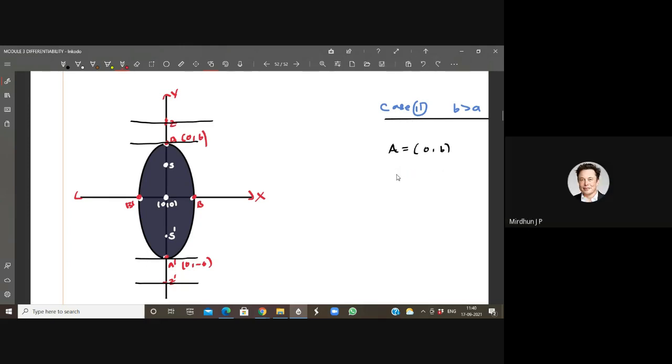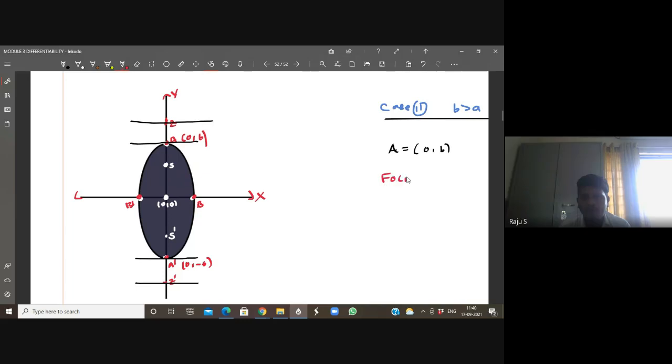See, focus means only a single one; foci is the plural word, so we'll get two. What about the foci? The first value must be 0 because all are existing on the y-axis. On the y-axis the x value must be 0. So 0, comma plus or minus a, or plus or minus b? Or else another way, 0 comma plus or minus root over.